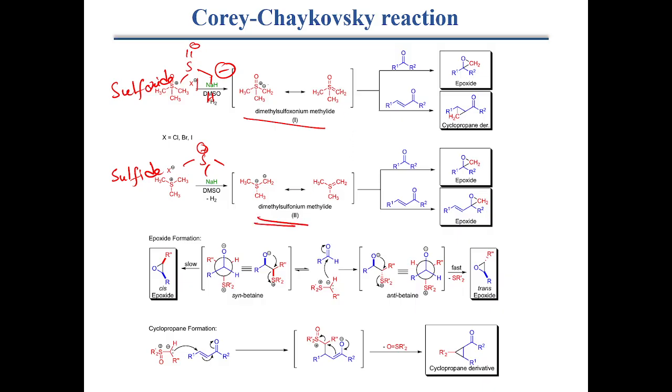Right. So this is more stable as the sulfur oxygen double bond is there. So it will go this way and stabilize itself. Due to the sulfur oxygen bond, this dimethyl sulfoxonium methylide is stable, but in these cases, this is not stabilized. So this is the stabilized ylide, and this is the unstabilized or strong ylide.